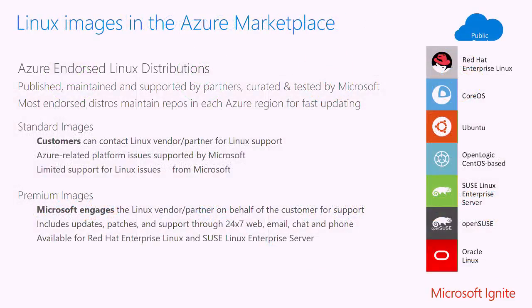So I talked about the operating system support, so major distros, RHEL, SUSE, Oracle, Ubuntu. We've got pretty much everything that you're probably using. And we now have a bunch of new stuff, if you're into containers and stuff.